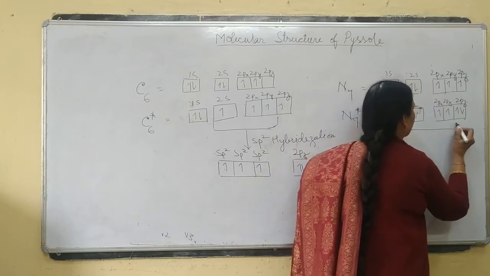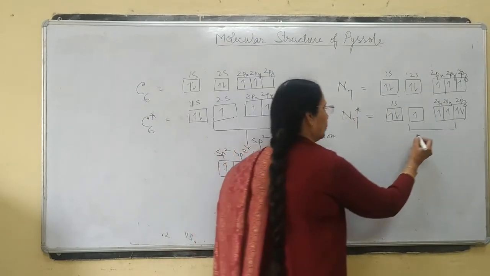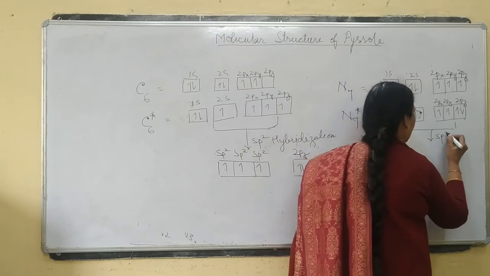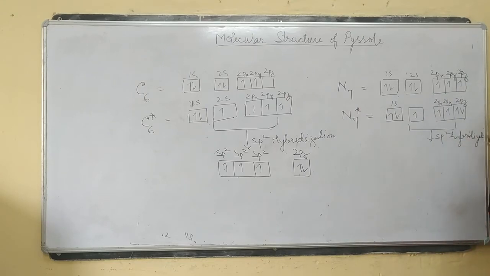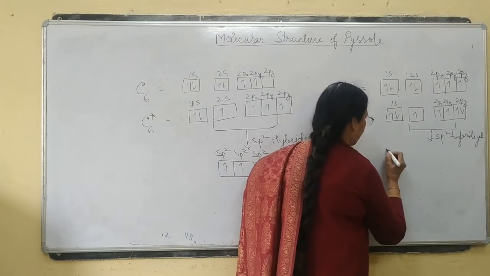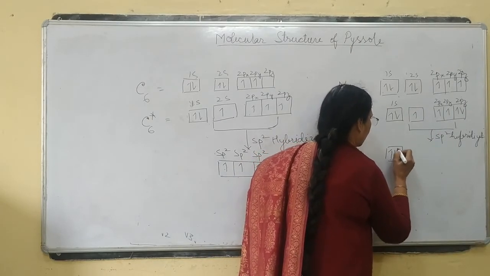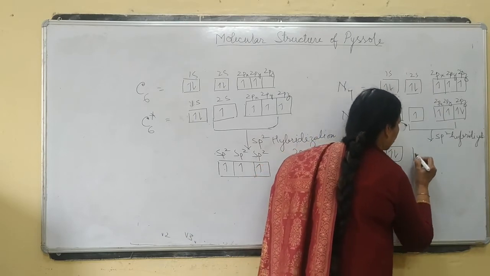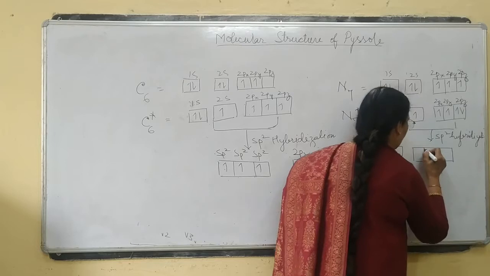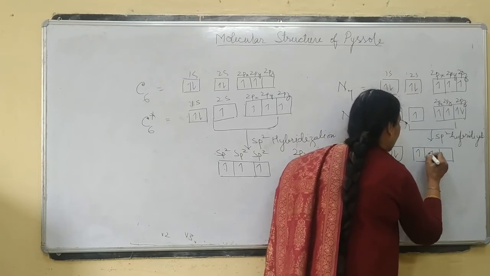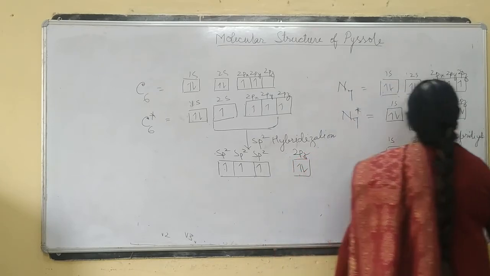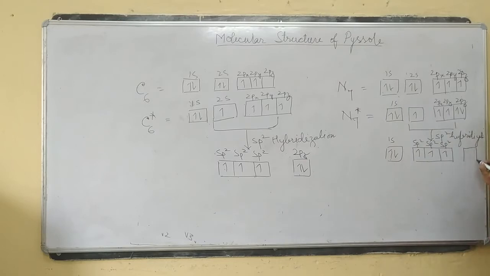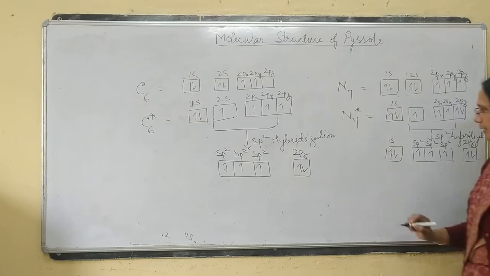Again, these 3 orbitals show sp2 type hybridization, forming three new hybrid orbitals of sp2 type, and one 2pz orbital having 2 electrons.